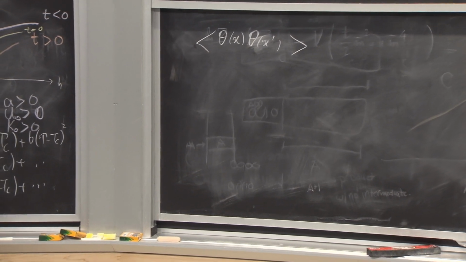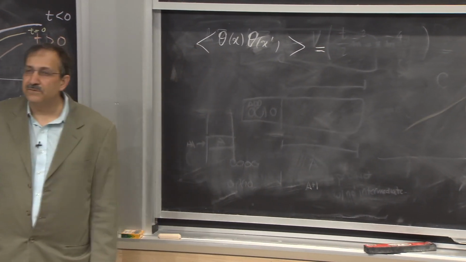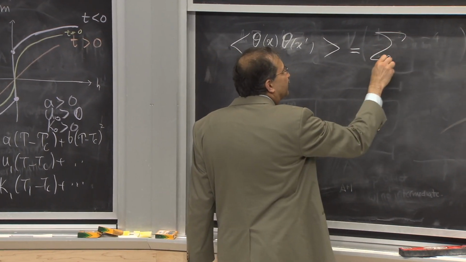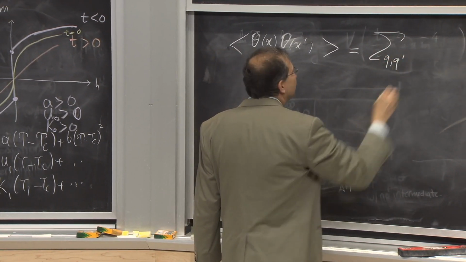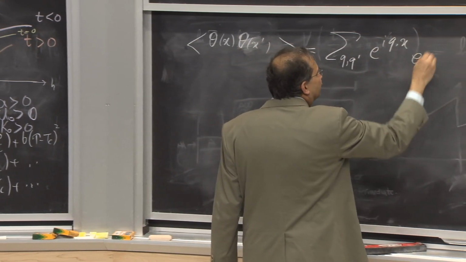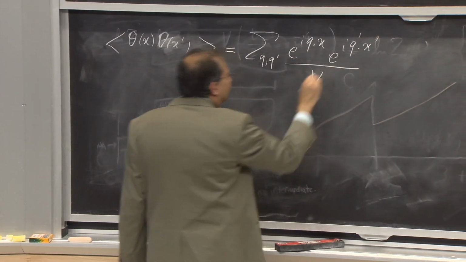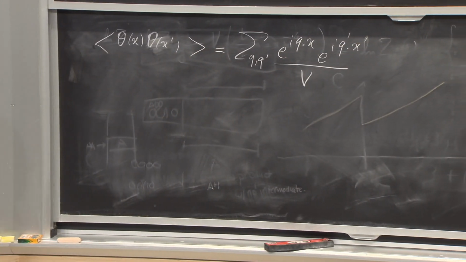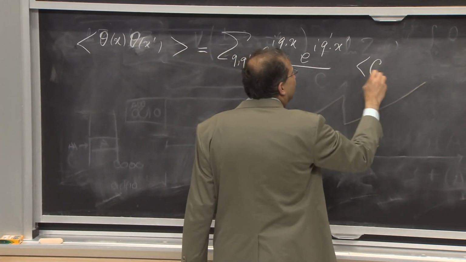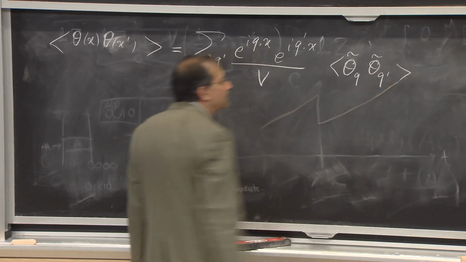Now, theta of x I can write in terms of theta tilde of q. So this becomes sum over q, q prime, e to the i q dot x, e to the i q prime dot x prime. There's a factor of 1 over V that comes from the normalization I chose. And then the average of theta tilde of q, theta tilde of q prime.